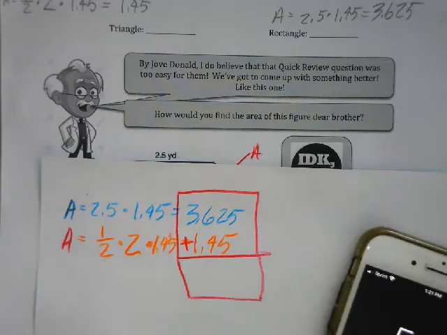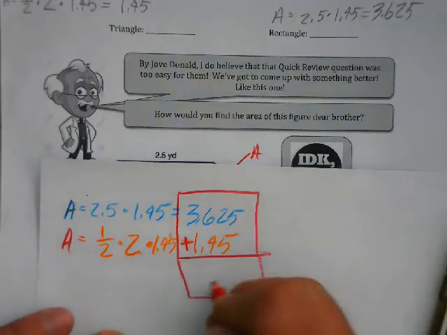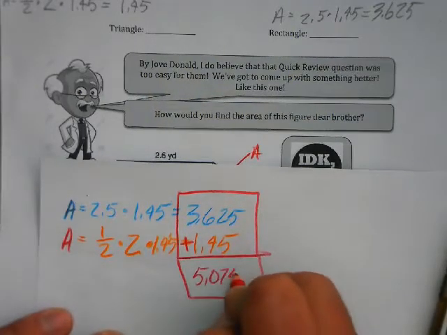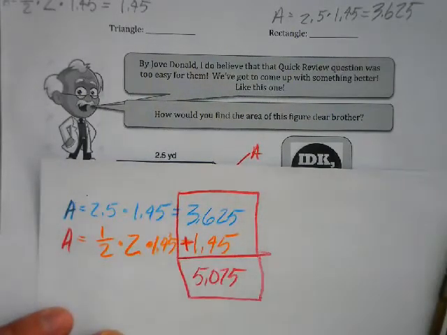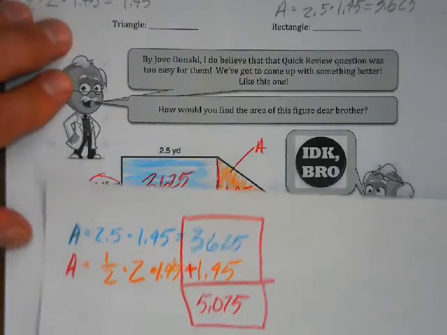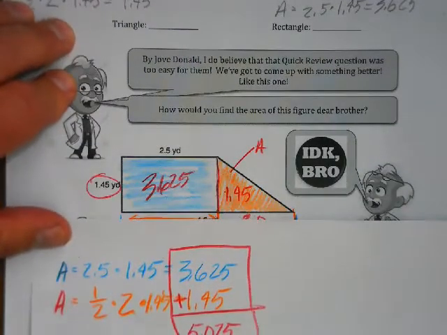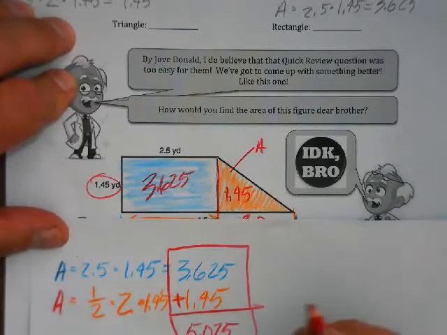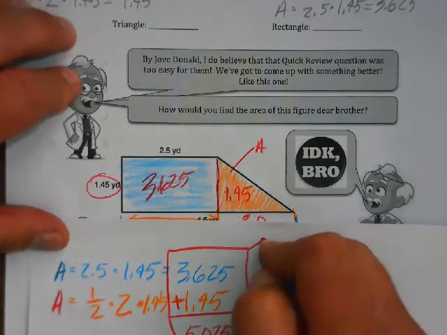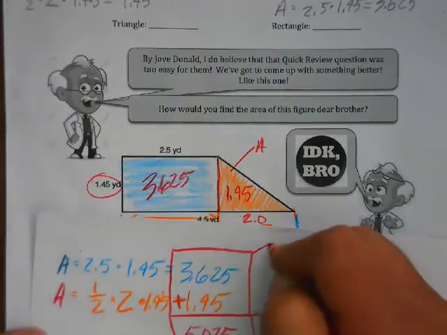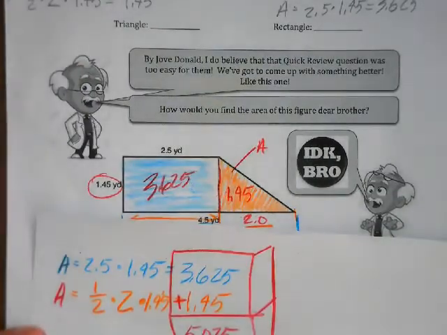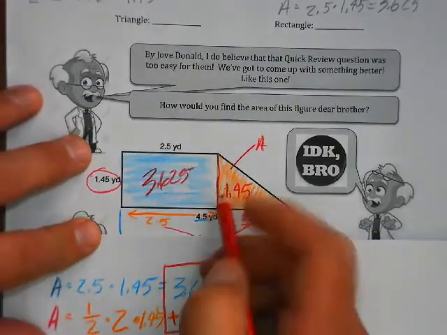equals 1.45. So folks, the area of the second part is 1.45. We take 3.6 and add it to the 1.45, then our total area is going to be 3.6 plus 1.45.